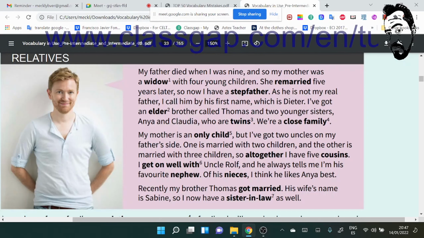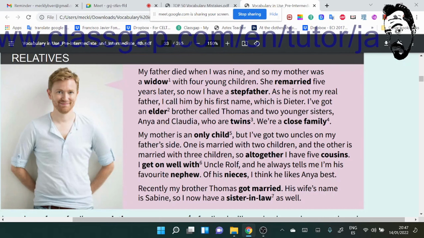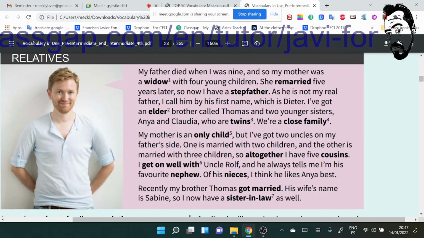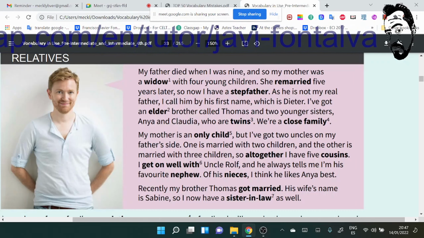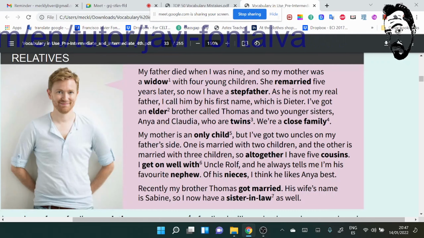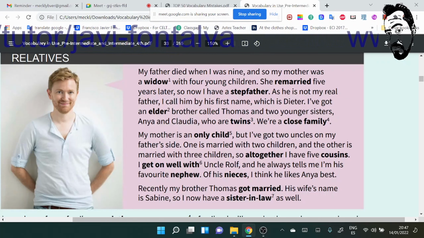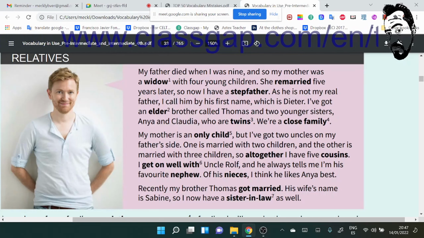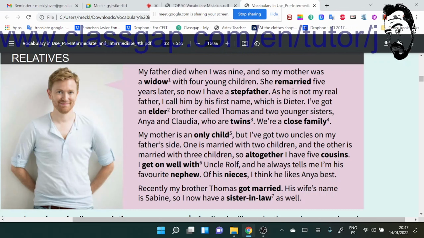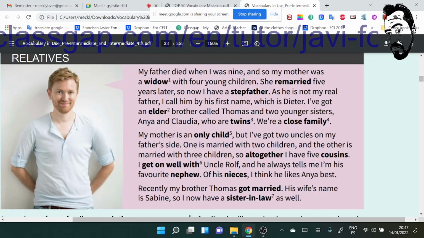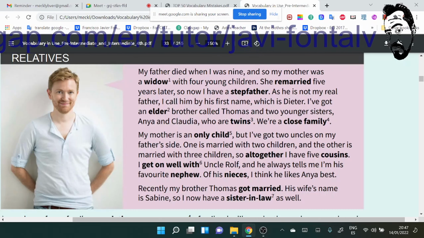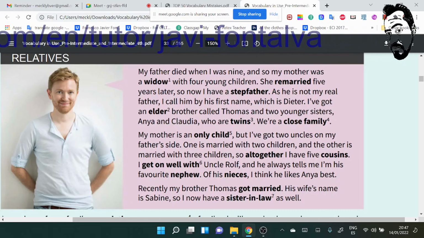Widow with 4 young children. She remarried 5 years later. So now I have a stepfather, as he is not my real father.